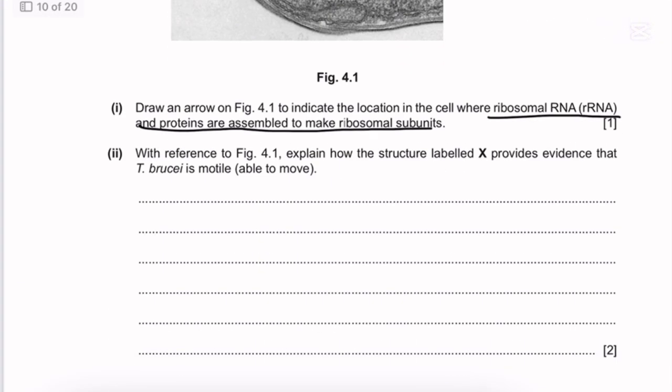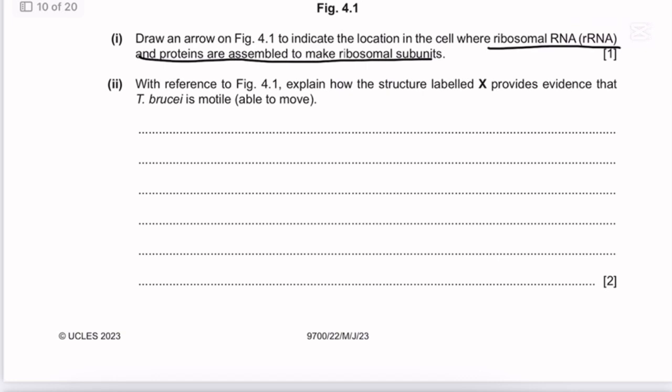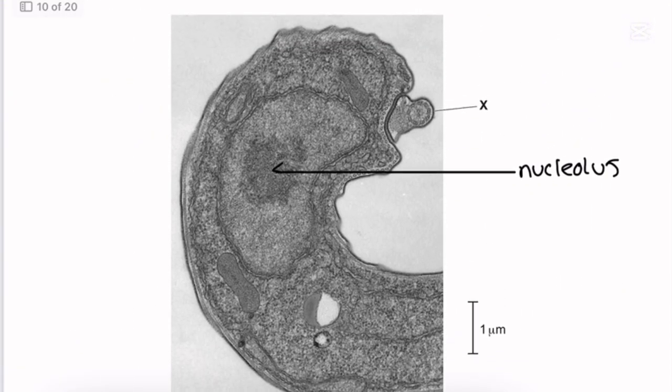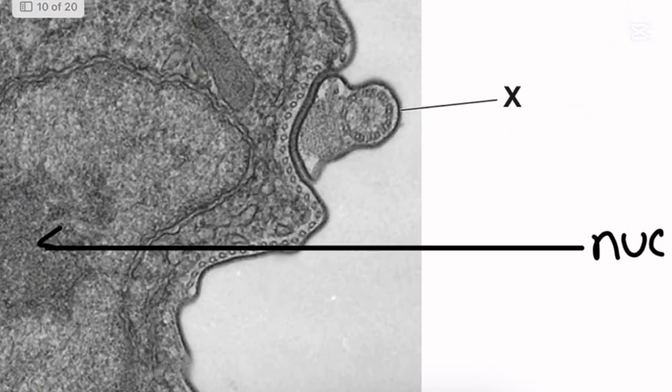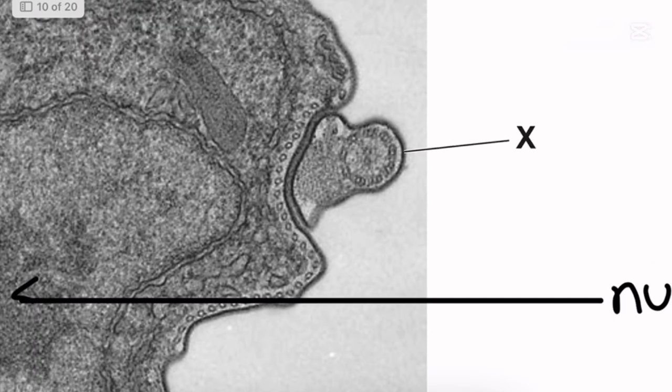Okay, this moves me on to, with reference to figure 4.1, explain how the structure labeled X provides evidence that T. brucei is motile and able to move. Okay, let's see. They have a labeling here on X, and you can see there's an axonemal structure here, which is similar to the structure of flagella, or obviously eukaryotic cilia.